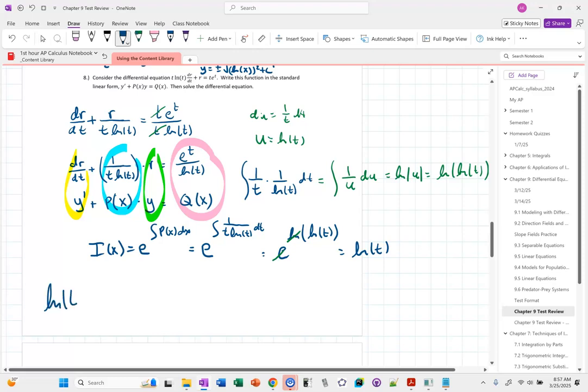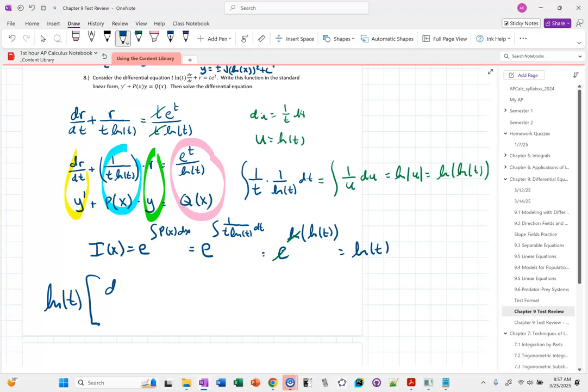So once I've found my integrating factor, I'm going to multiply that by both sides of my equation.